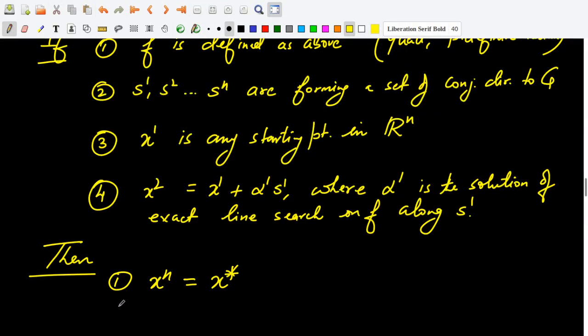So if those directions become known to me a priori, then I just have to do line search n times, exact line search, not inexact line search. Then I will get the optimal solution in n steps.